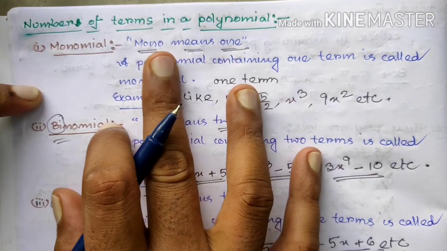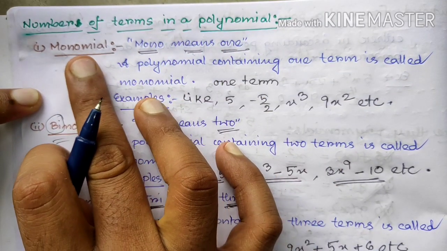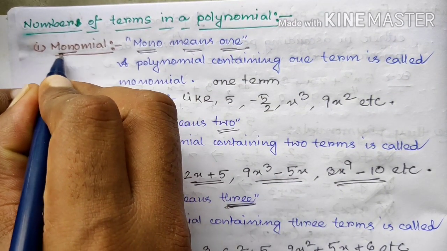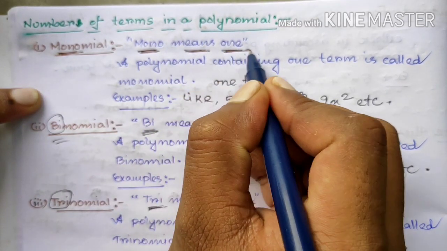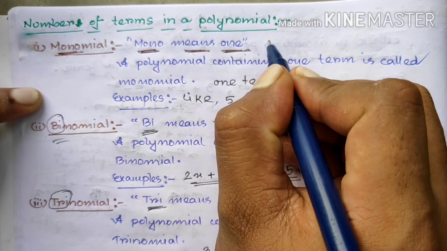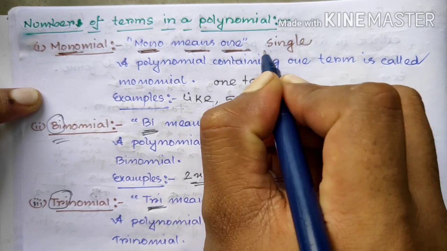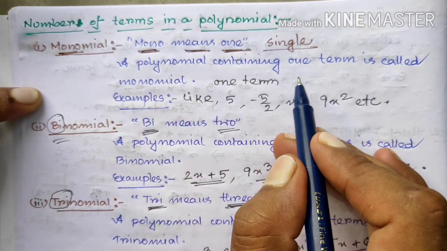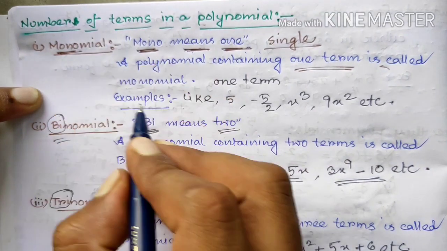Next, number of terms in a polynomial. Number 1, monomial. Mono means one, I mean single. A polynomial containing one term is called a monomial.